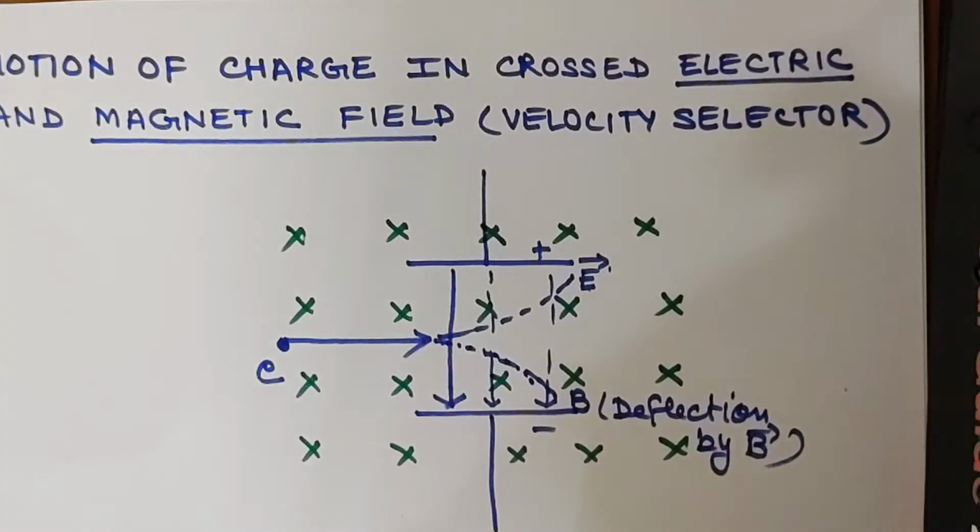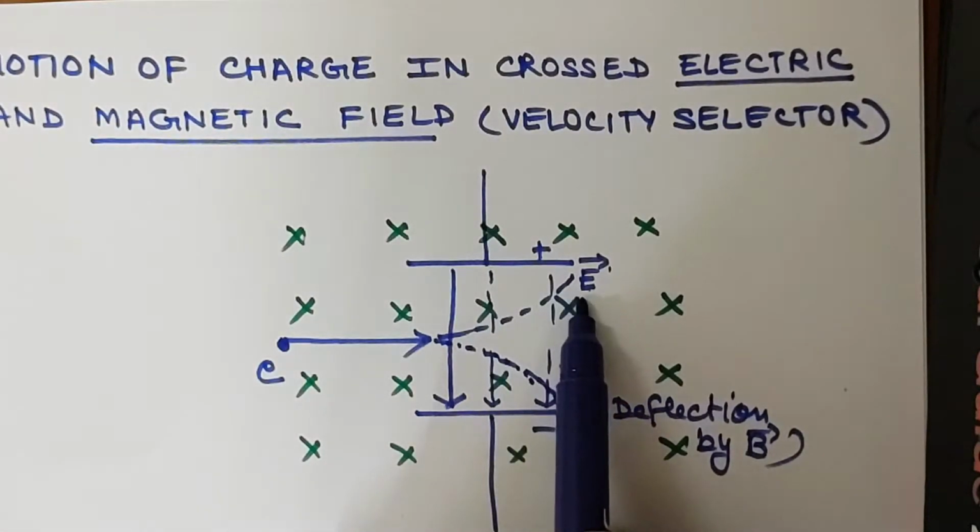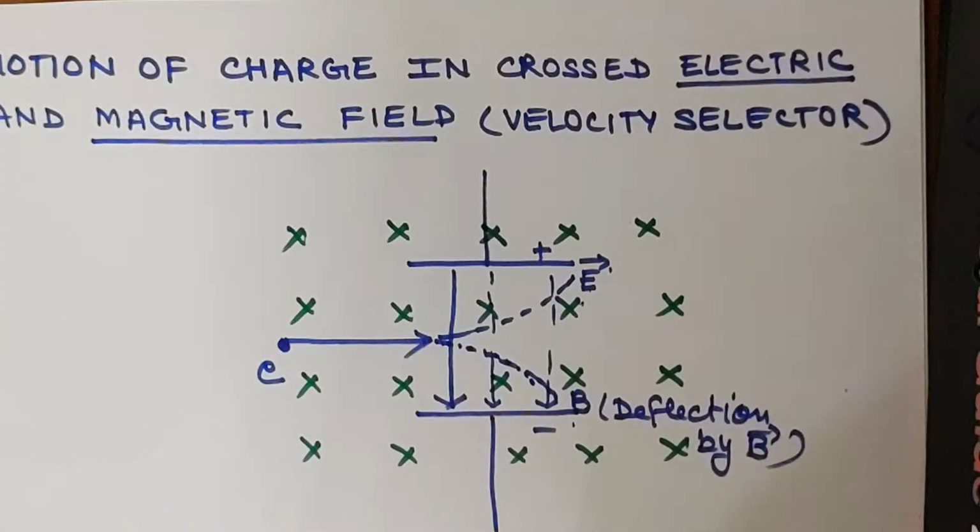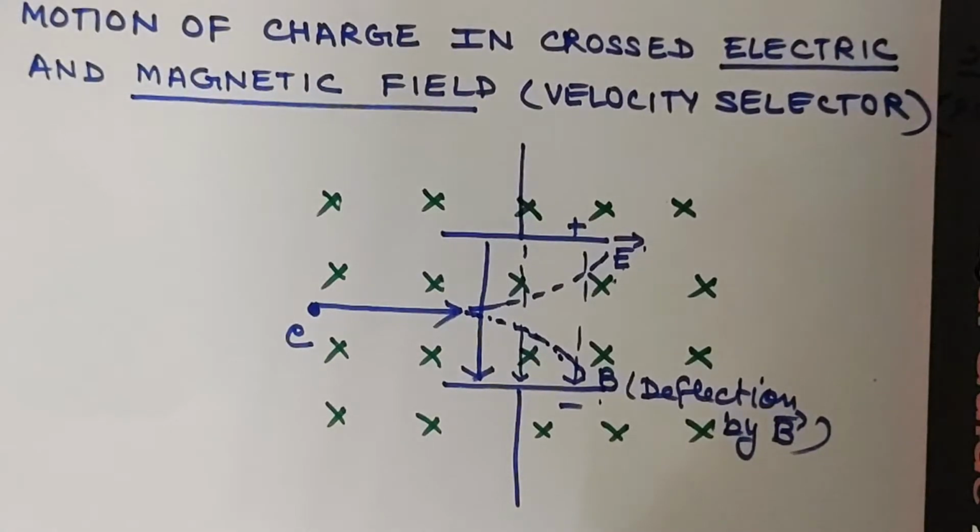Okay, now if the electron wants to move without deflection, what should be the condition? The force exerted by electric field must be equal to the force exerted by magnetic field, because both are acting in opposite directions. So if they are equal, then the electron will move undeflected.